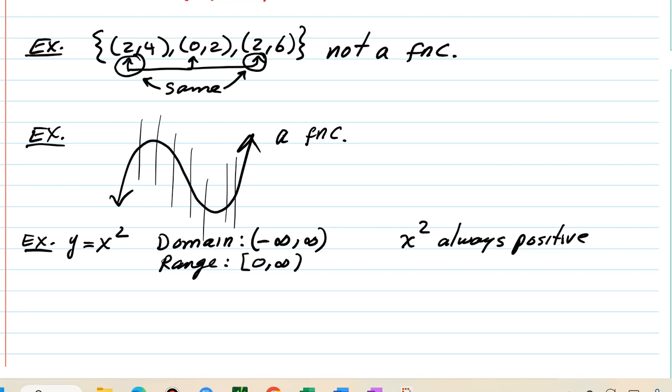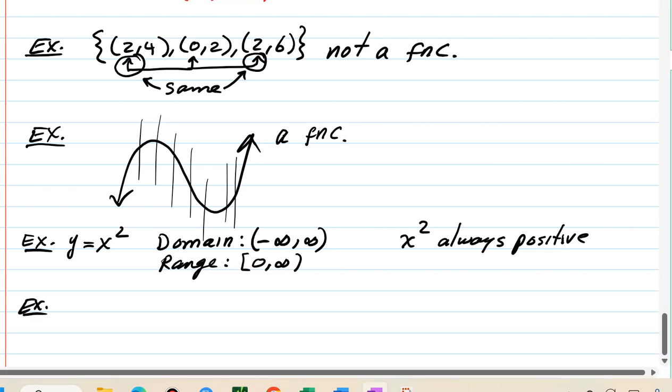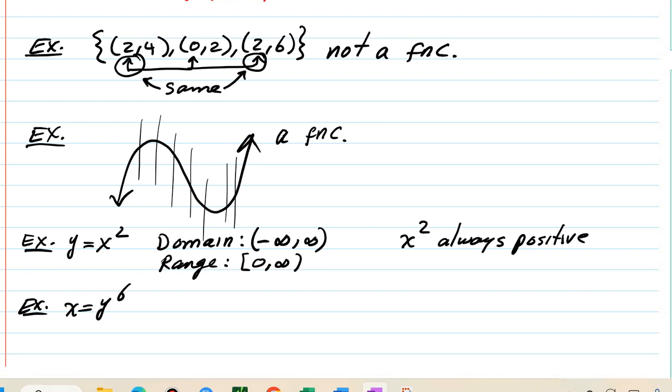Let's take a look at another one. How about if I do x equals y to the 6 now? This time, note, y to the 6 is always positive. So that would imply that the domain is always positive, because y to the 6 is lowest, 0, when y is 0.